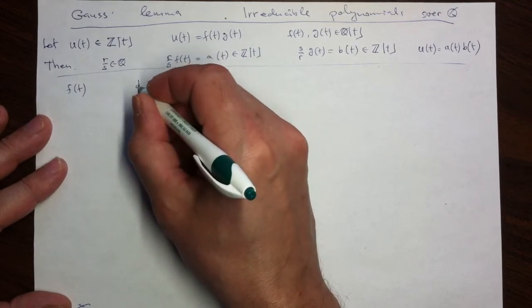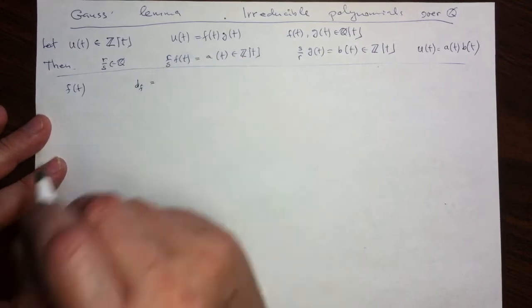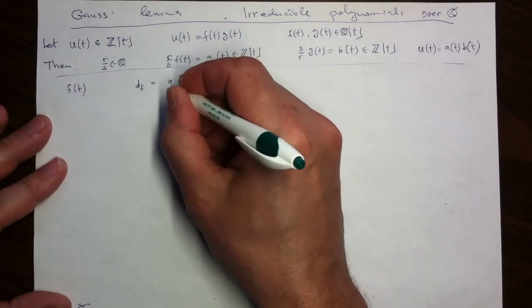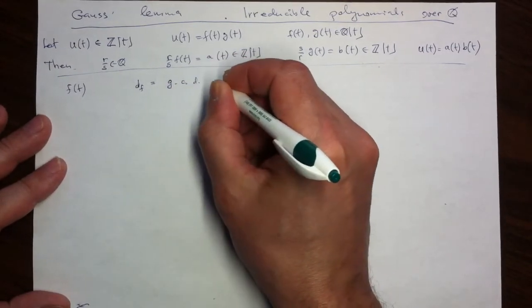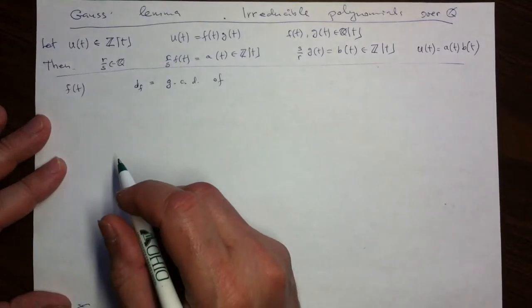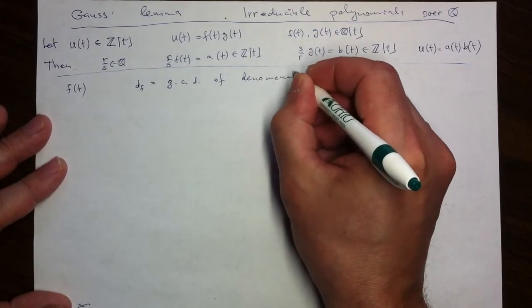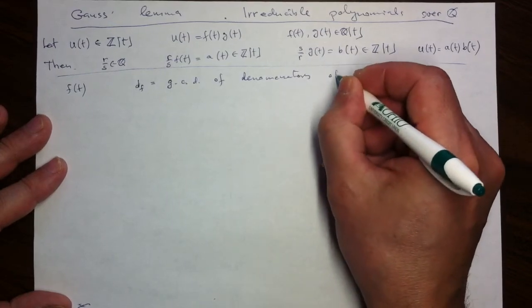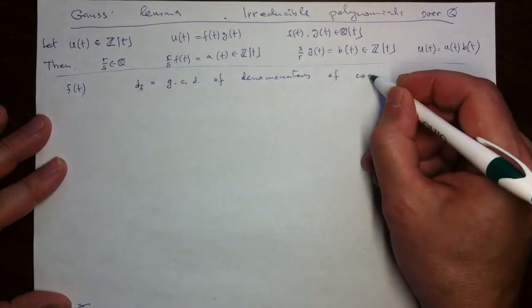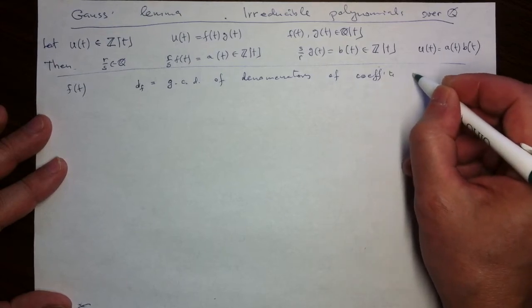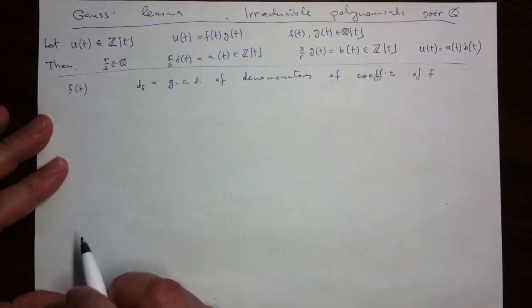Let's call it d_f. So the number will be the greatest common divisor of all denominators of the coefficients, all the coefficients of f.